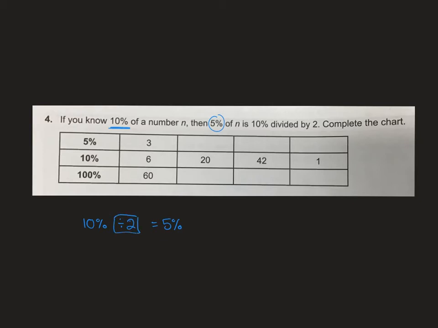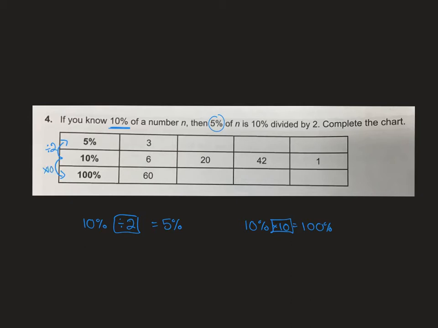So anytime we're trying to travel from this row up, we're going to divide by 2. Then we can look at how to get from 10% to 100%. And to get there, we need to multiply by 10.